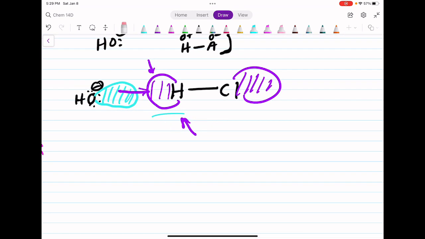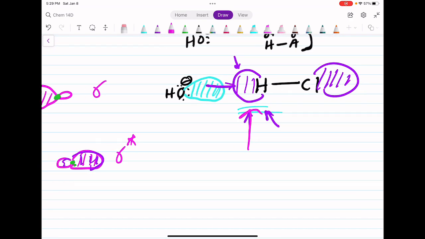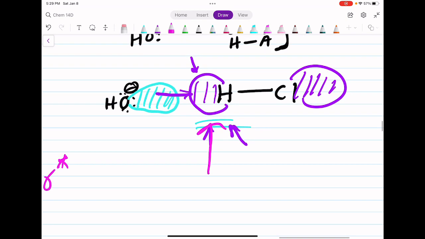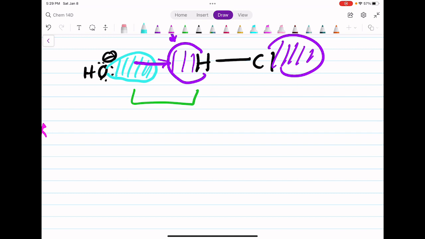Why does it want to come in exactly there? Because if I come in here, I can still overlap with that hydrogen orbital, right? But remember, think about this in terms of hydroxide. The reason is twofold. One, it's trying to form a new sigma bond to that hydrogen. And another is it wants to maximally overlap with that antibonding lobe of hydrogen. If you think about this as a new overlap, just the same way we looked at those other ones, a side-by-side overlap, if the OH were to look like this and come from this trajectory, isn't as efficient of an overlap.